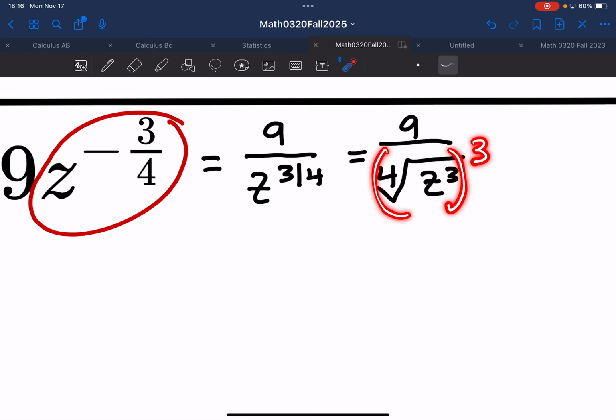They're both the correct answer. And then we can't do anything with the 9 because we're not able to simplify that 4th root of z cubed because this isn't a number. If this was a number we could simplify, potentially we would be able to simplify the entire thing into some sort of fraction. But when we have variables in there, we cannot simplify further.